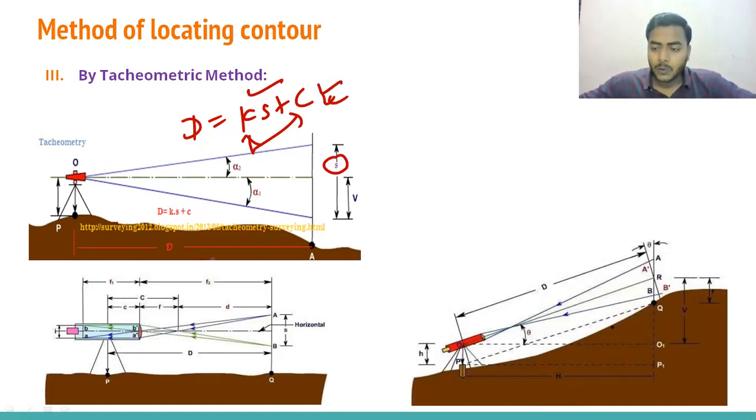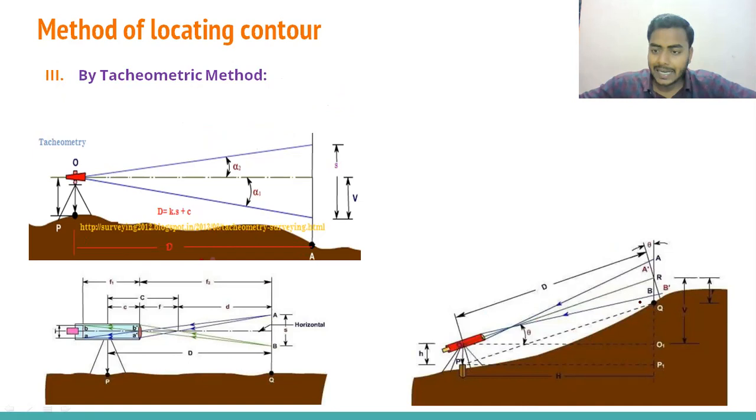When you see that the ground is elevated, this is very important. In this case also, by measuring the staff intercept S, you can calculate the horizontal distance and the vertical distance.